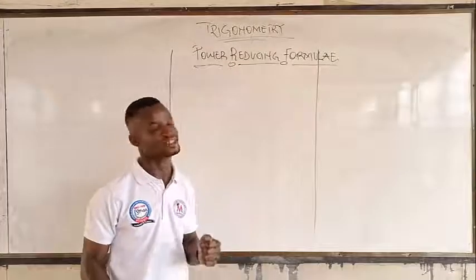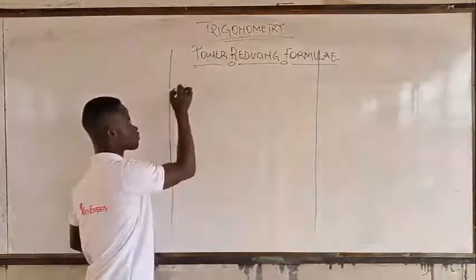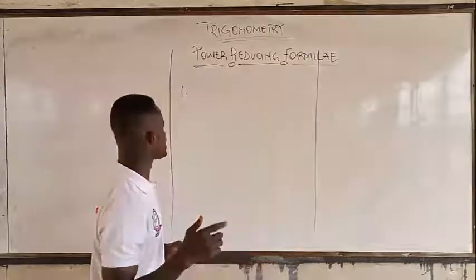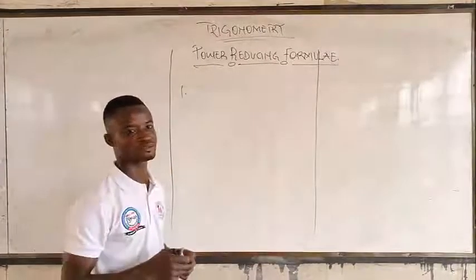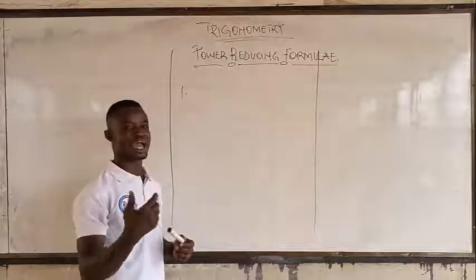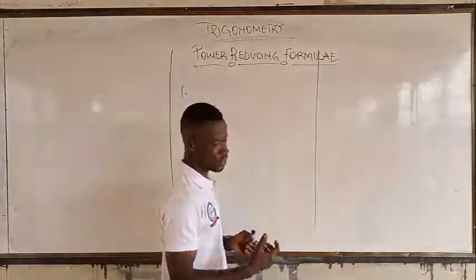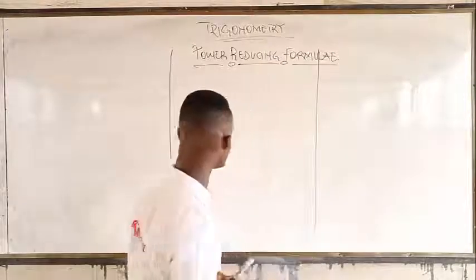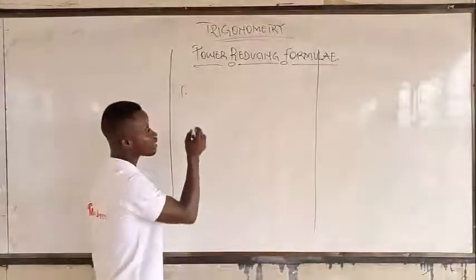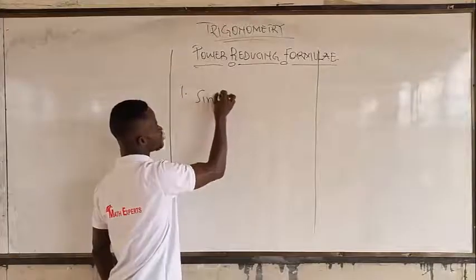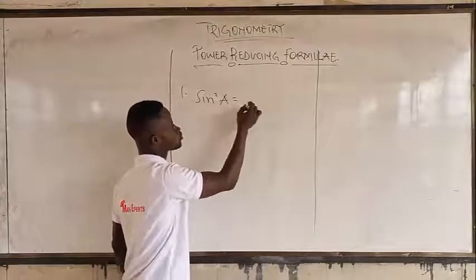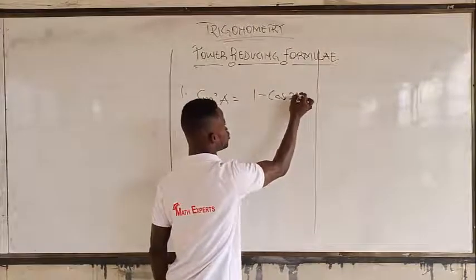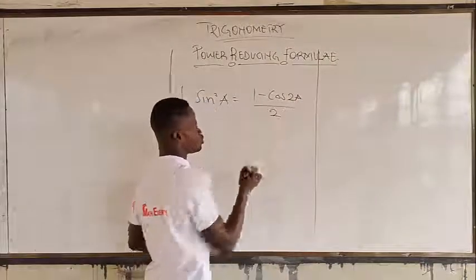So the first formula for the power reducing, in case you can't remember, is from when we were deriving the formulas for half angle. We reached a point where we had sine squared A equal to 1 minus cos 2A over 2.